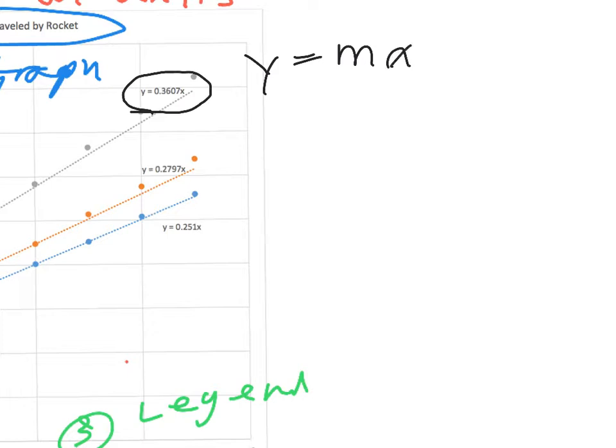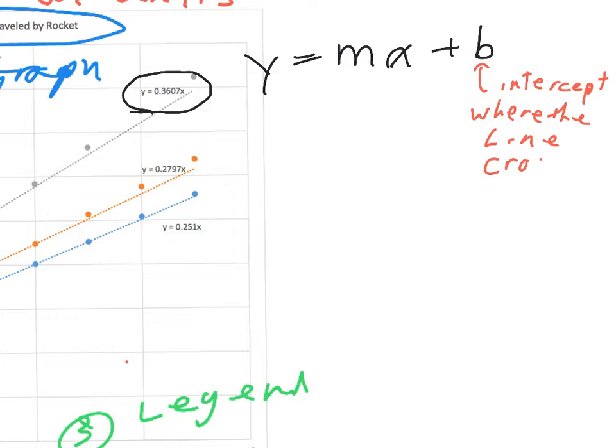You'll remember from algebra class, y equals mx plus b. Let's review those parts. b is the intercept, and the intercept of a graph is where the line crosses the axis. Then you have the slope.